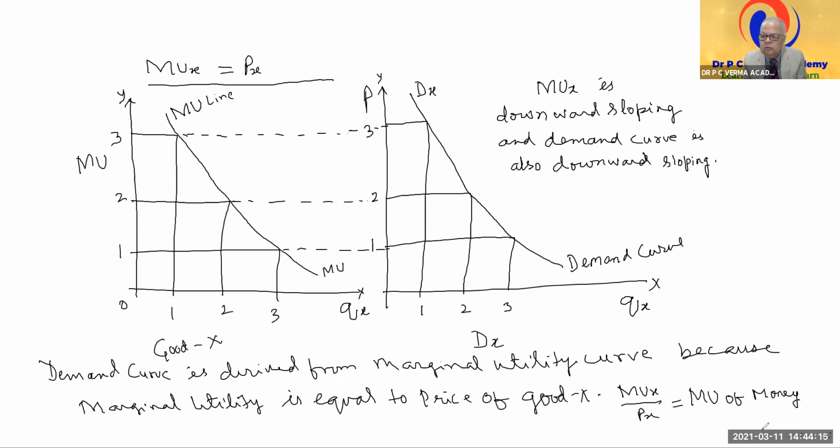This will be used when there are several goods, X, Y, Z. When you have a single good, single commodity, then marginal utility of X is equal to price of X.